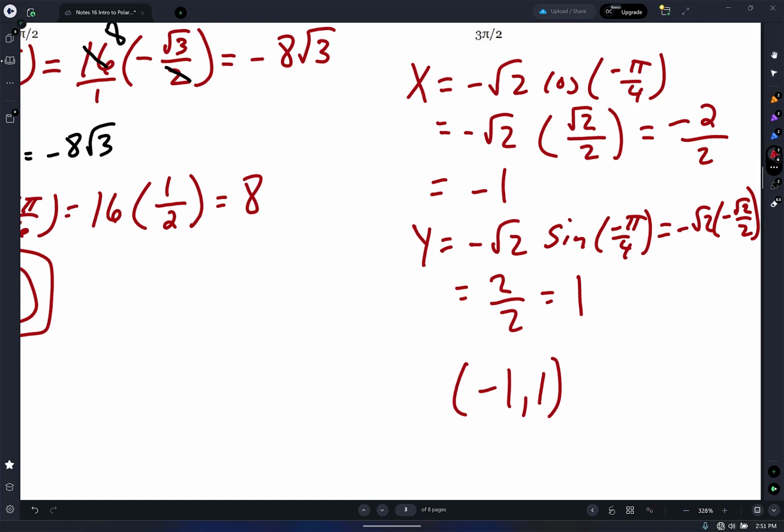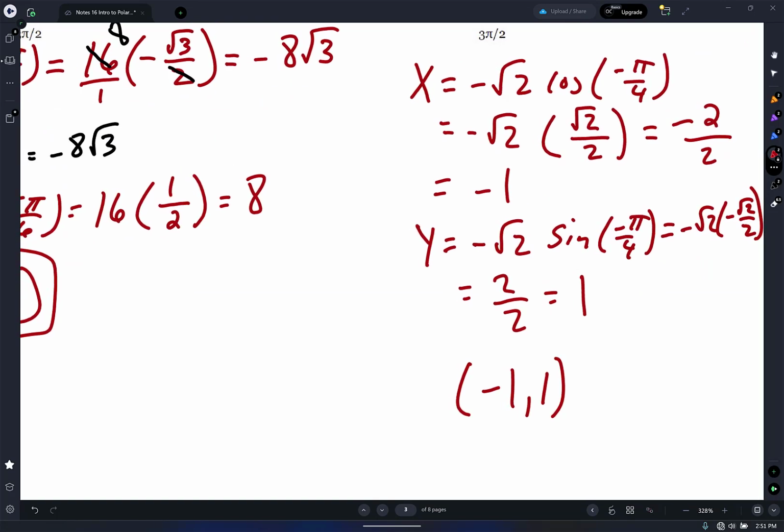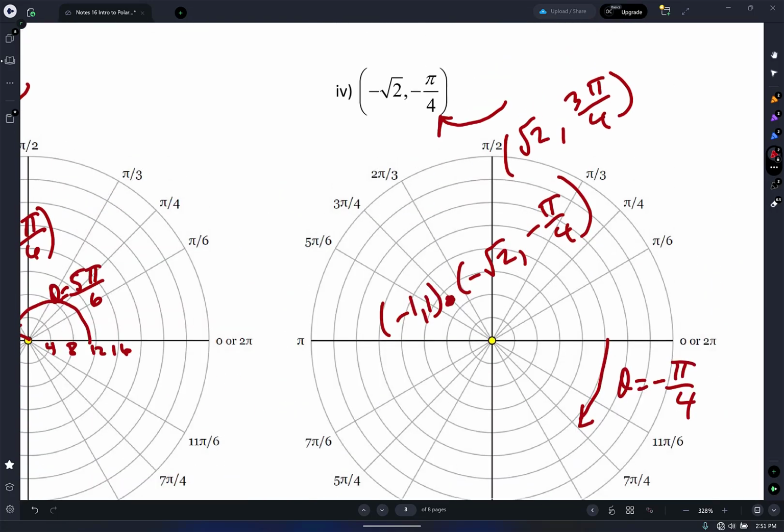For sine, it's the same. Sine of 7 pi over 4 is the same as sine of negative pi over 4, which is negative square root of 2 over 2. I'm using this r. I was just confused how we got a negative 1 and a 1.